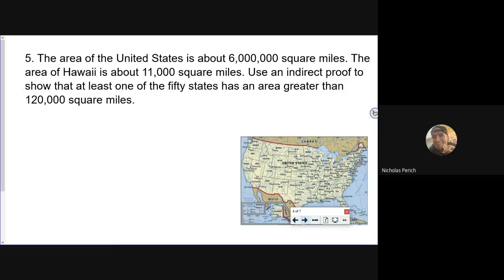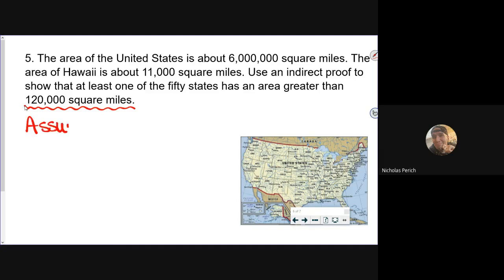So I have to prove that at least one state is bigger than that. So dummy in the back is going to say, nah, all states are less than. Thank you, Santi.